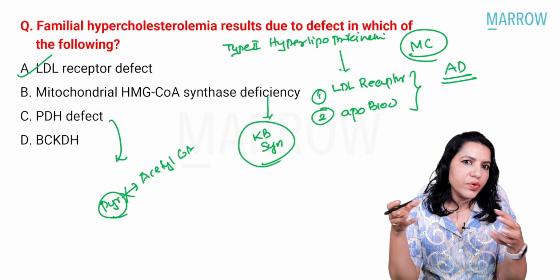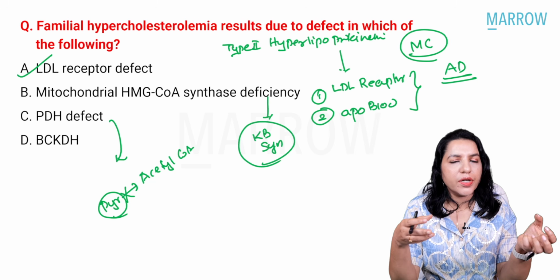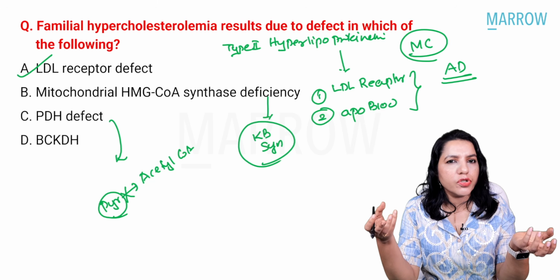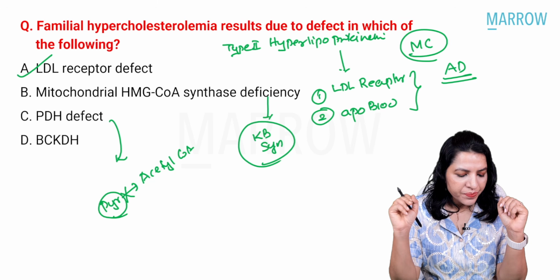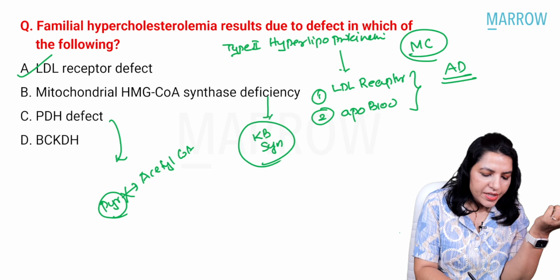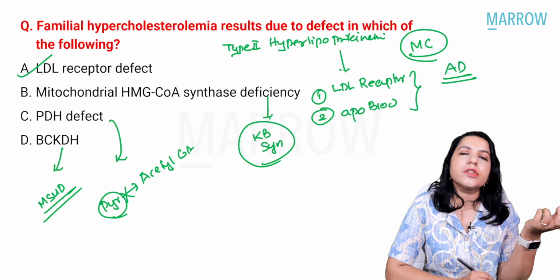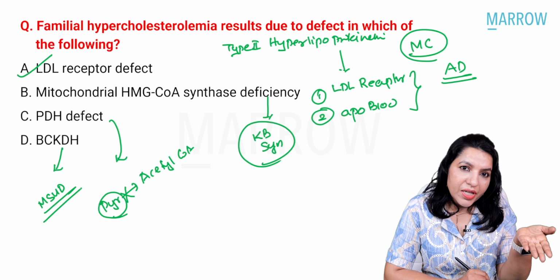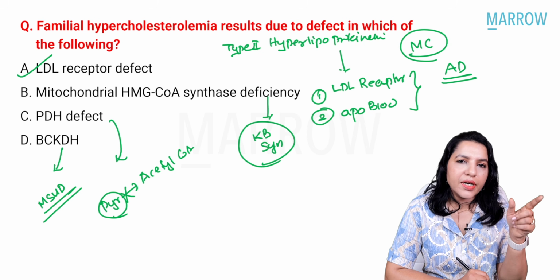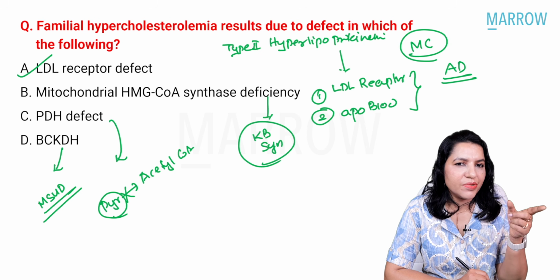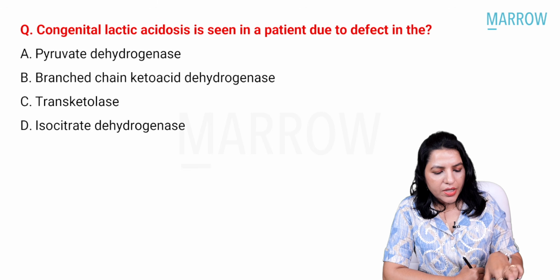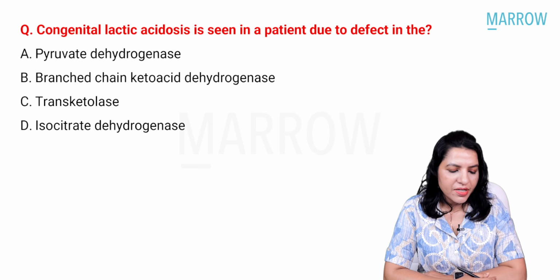If acetyl coenzyme A is not synthesized from pyruvate, then definitely it is not going to cause hypercholesterolemia. Then BCKD defect, we know it is causing maple syrup urine disease, not familial hypercholesterolemia. So, clear cut, the answer here is LDL receptor defect. It's a very simple question. I know you all might have answered it right.